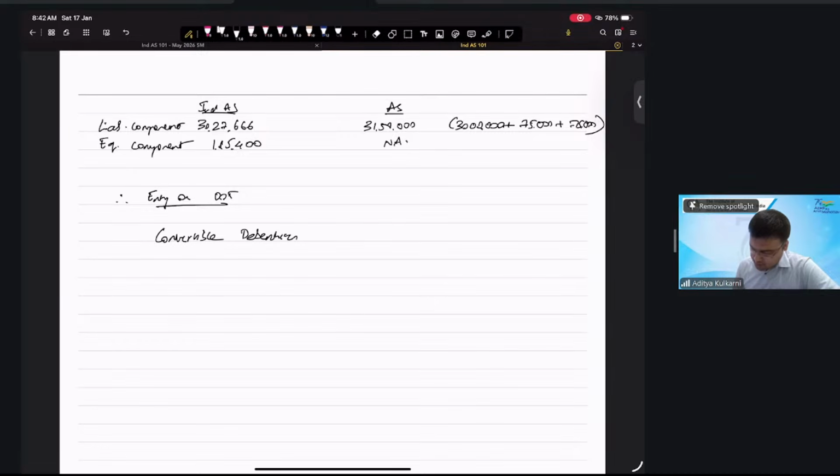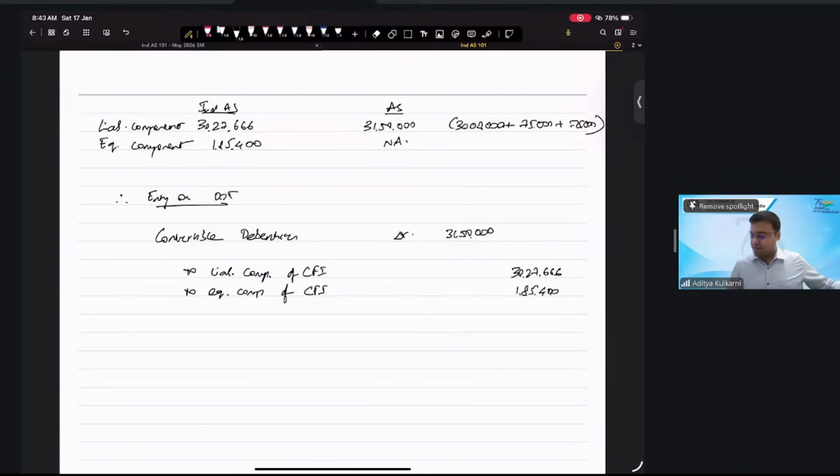Convertible debentures account debit 31,50,000 to liability component of compound financial instrument 30,27,666, to equity component of compound financial instrument 1,85,400, to retained earnings 63,066.